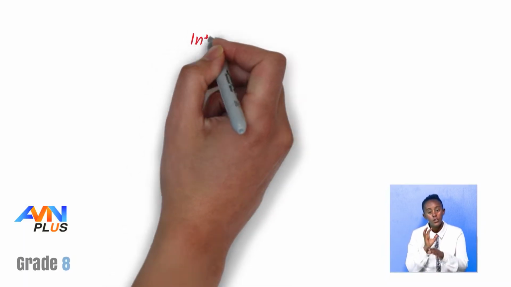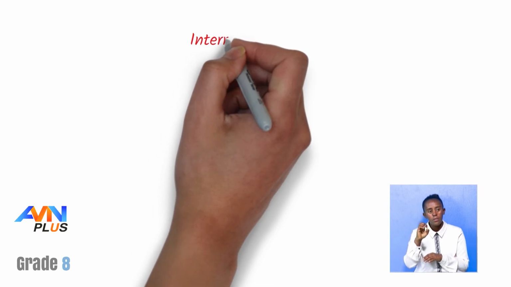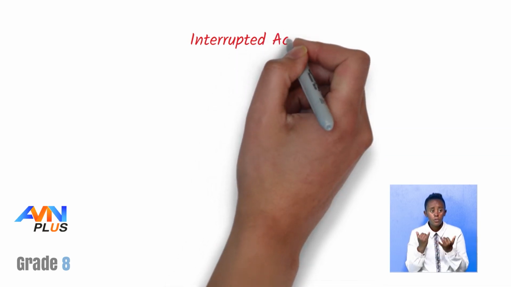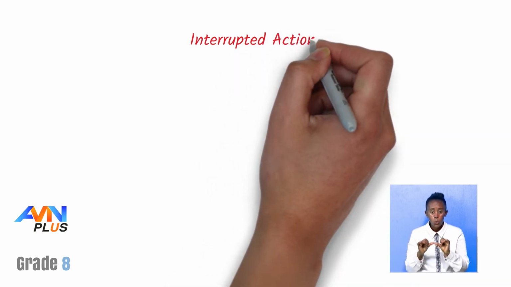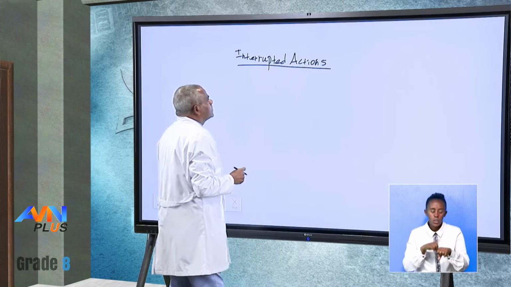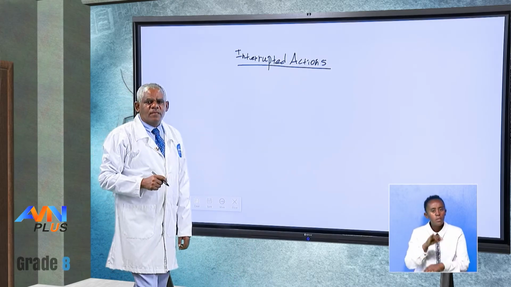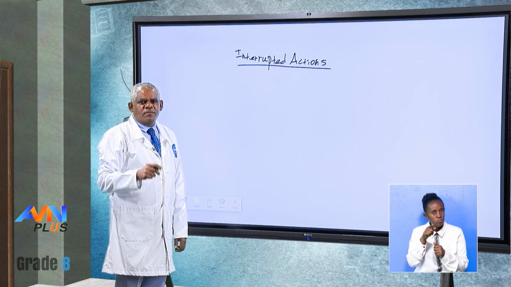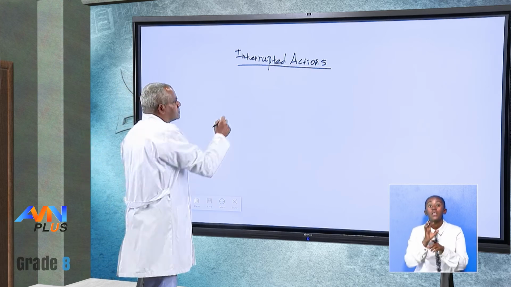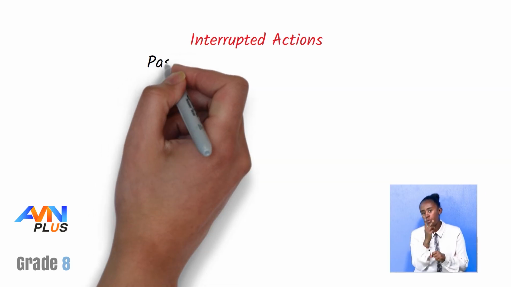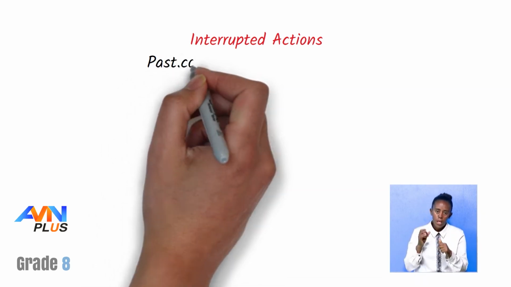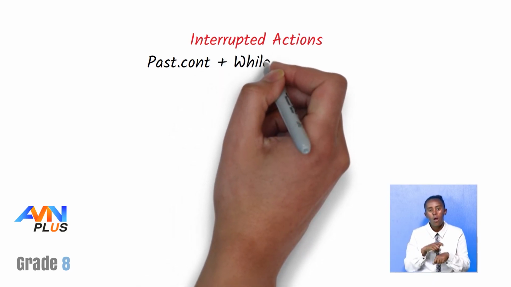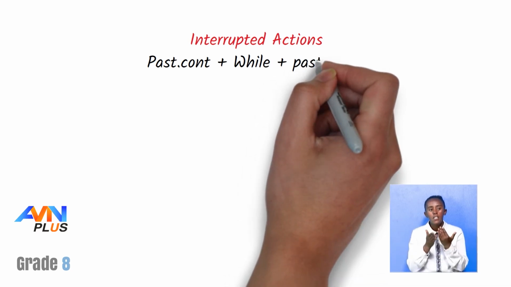Interrupted actions. Still it's a part of the past continuous tense, students. What do I mean by interrupted actions? There are some rules you have to keep while you are performing interrupted actions. There are two ways. One is past continuous plus while plus simple past or past continuous.